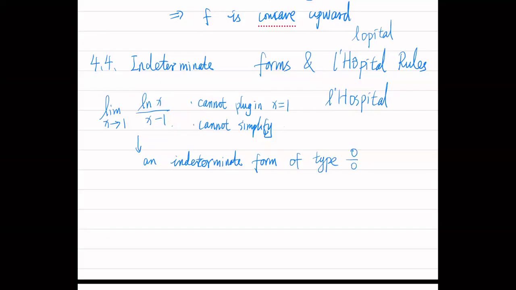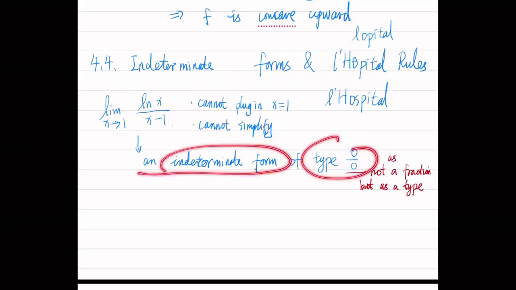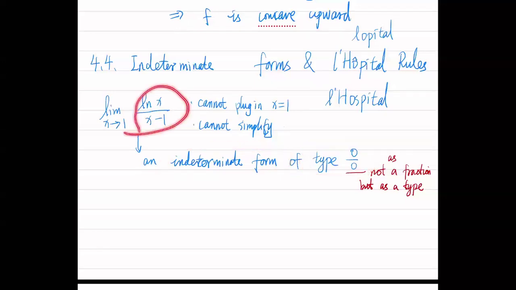Again, be careful: this is not a fraction. We didn't put a 0 on the numerator and 0 on the denominator. It's not a number, it's a type. It's one type of indeterminate form. It means we cannot substitute x by 1.